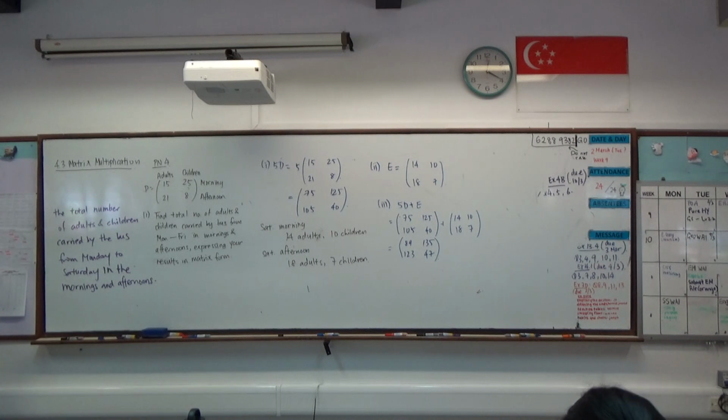So I think that this will be a sufficient explanation for the matrix, because you covered the point on adults and children, and it is from Monday to Saturday, and also from morning to the afternoon.